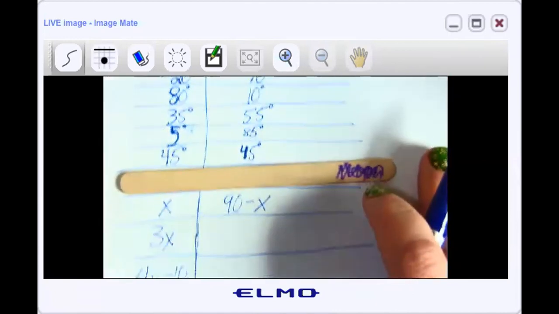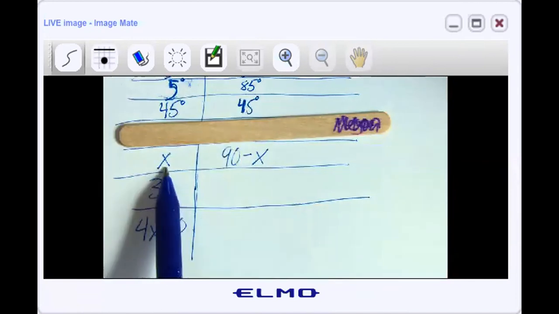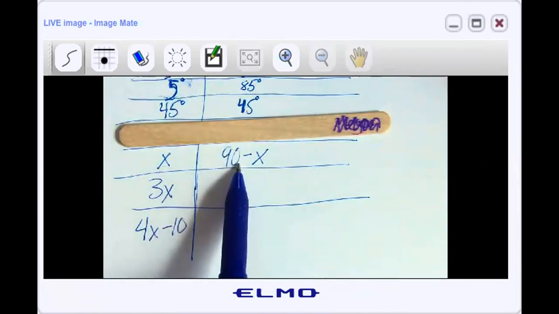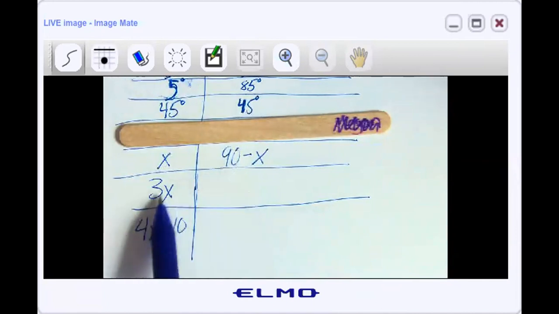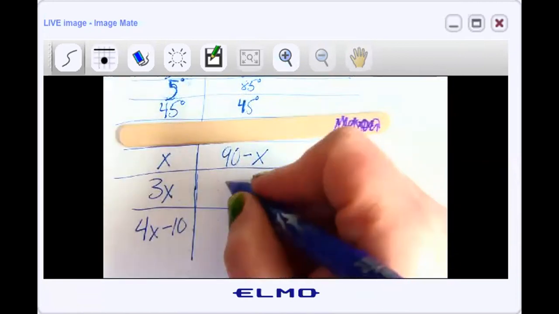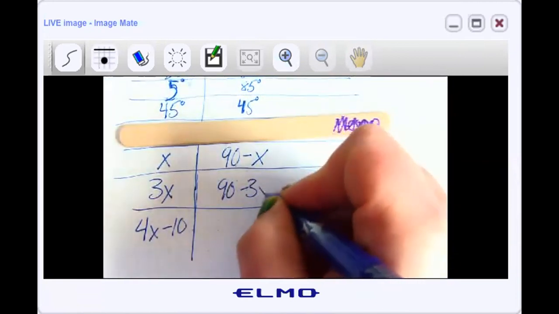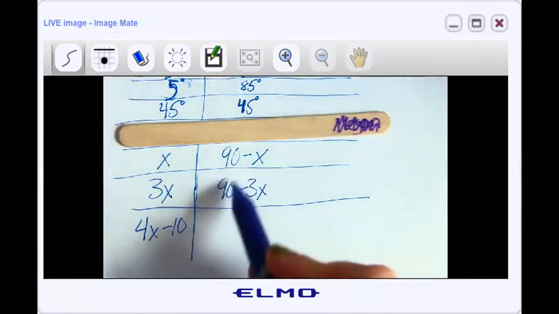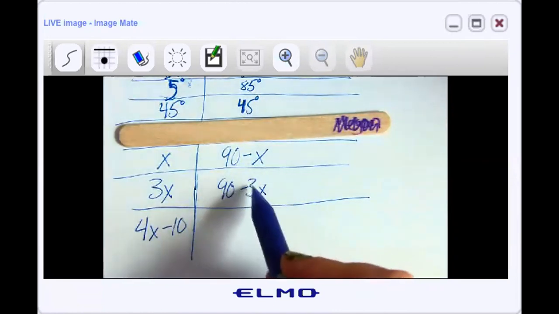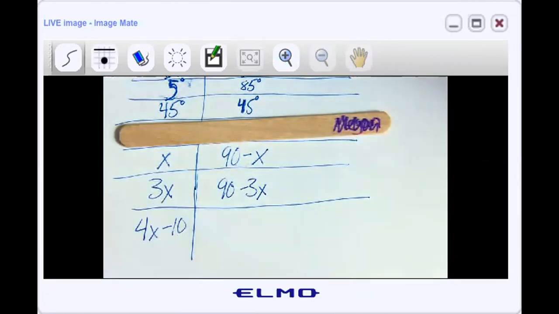So that's why when we came down here, if this thing is x, this is just going to be 90 minus x. So I'm going to do the same thing for this one. So would it be 90 minus 3x? That's it. 90 minus 3x. This number, whatever goes here, is always going to be 90 minus whatever that is.